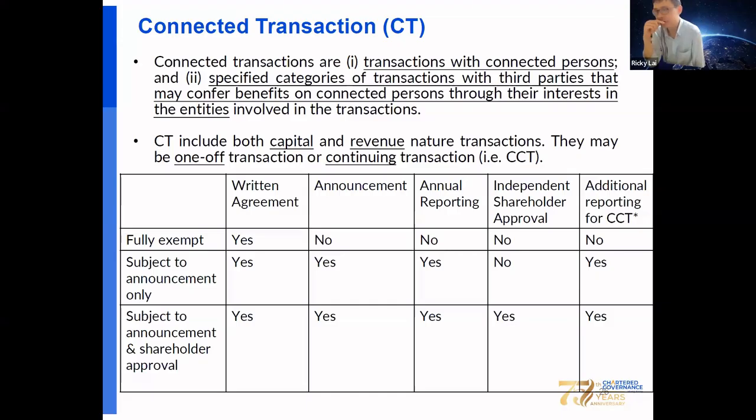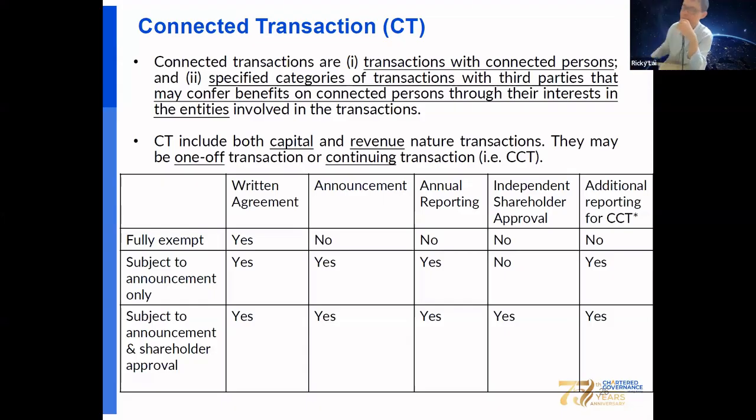In case the transaction is a CT, let's take a look at the compliance requirements, in particular the exemptions from the listing rules. Basically, for all types of CT, even though the transaction is fully exempted from the CT rules, a written agreement must be signed with the connected person.